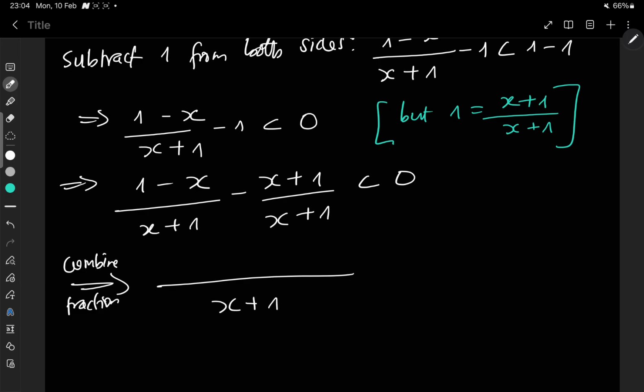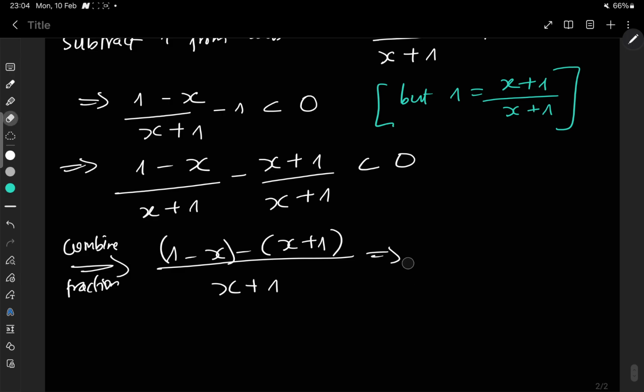It will have the same base, so that we'll have 1 minus x minus x plus 1, still less than 0.